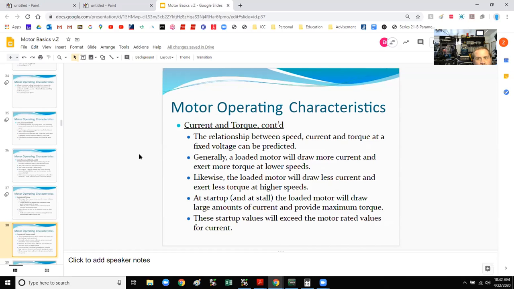When you start a motor up, if you're not using a drive, if you just energize a motor, will that motor experience higher current than normal?